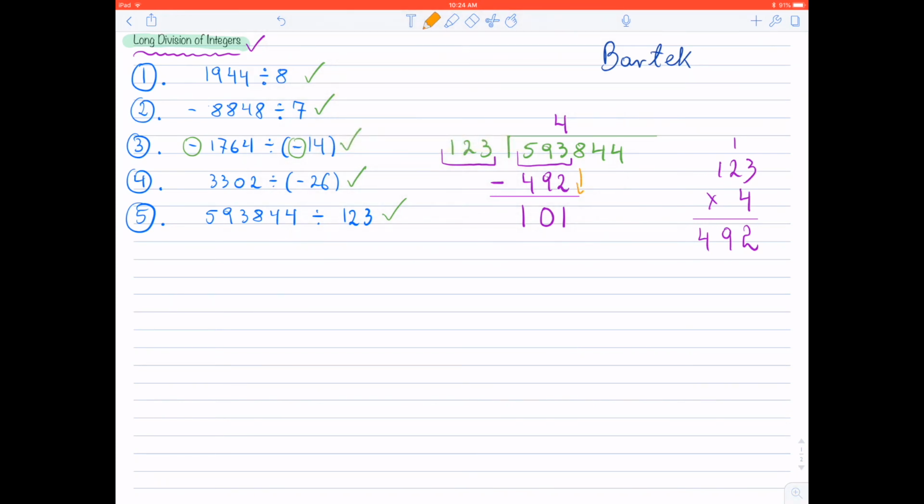So I have to now bring down the 8, which now becomes a huge problem because I have 123 and I'm trying to see how many times it goes into 1018. Okay, well, about 100 goes into 1,000, okay, about 10 times.